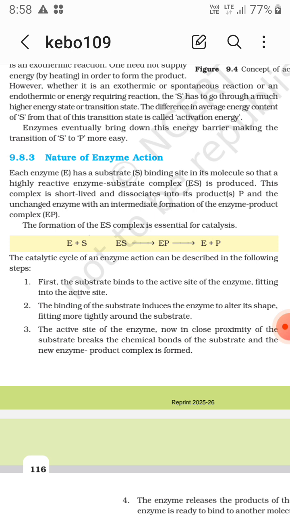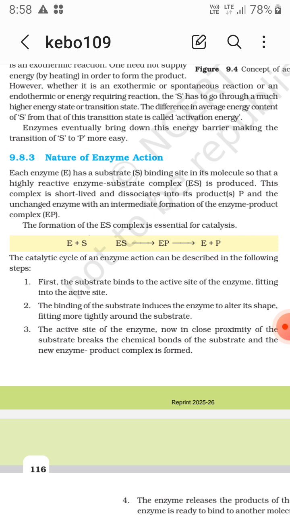It is unstable. Now this complex is short-lived and dissociates into its product P and the unchanged enzyme, with an intermediate formation of the enzyme product complex, that is EP.